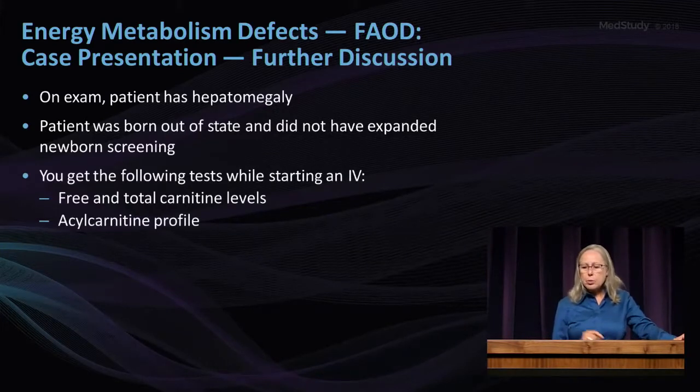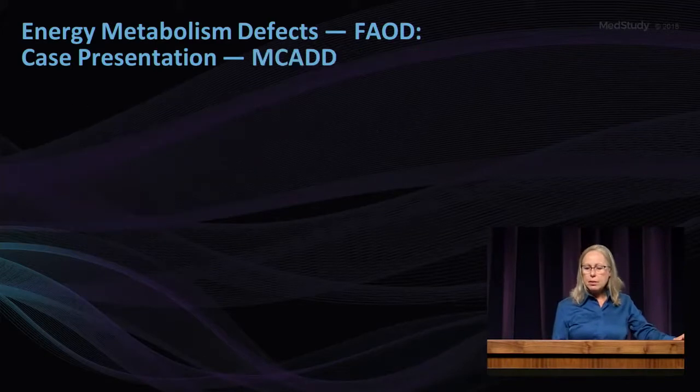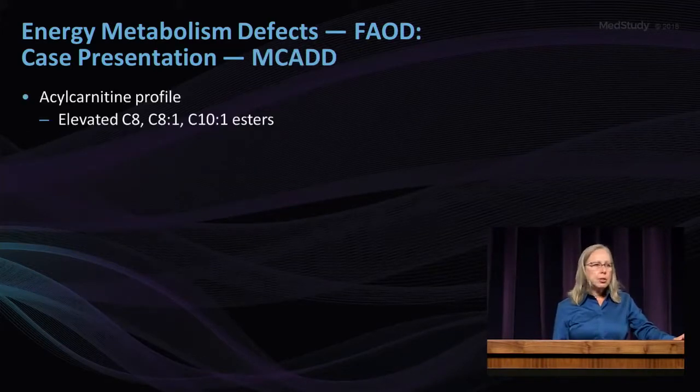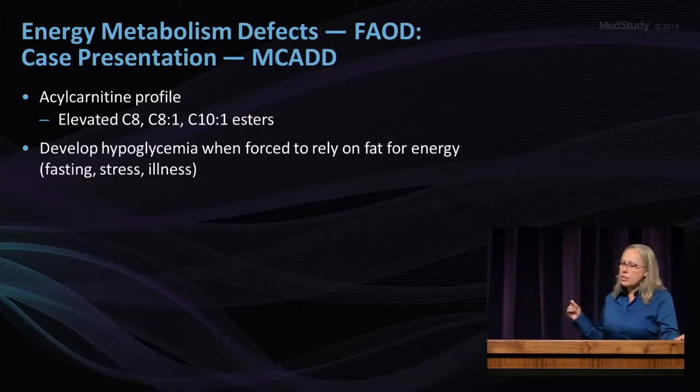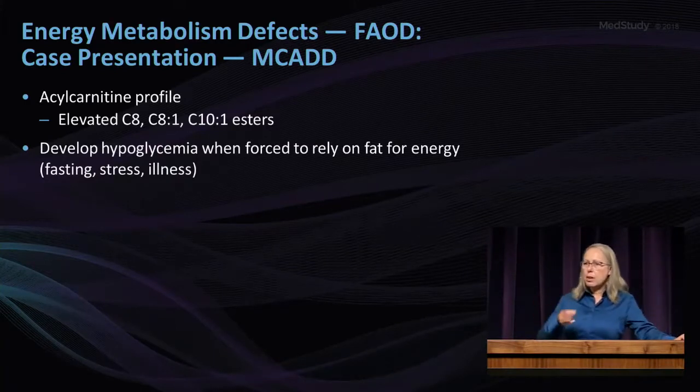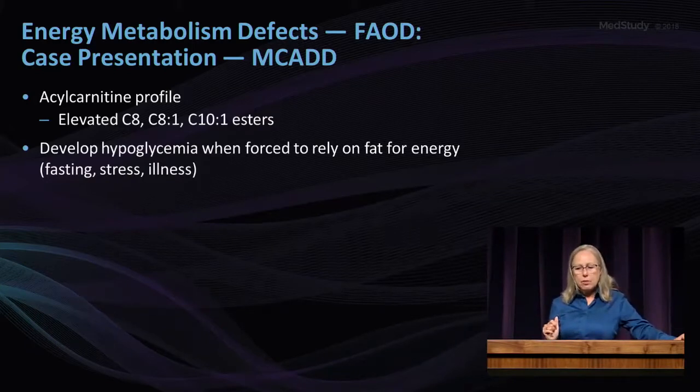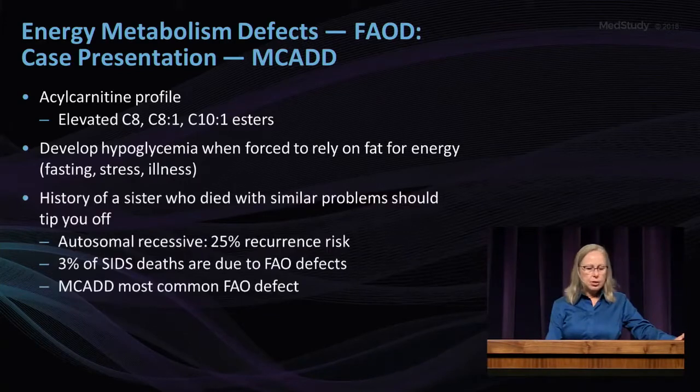You get the following test while you're starting your IV: a free and total carnitine and an acylcarnitine profile. About 2 weeks later, your acylcarnitine profile comes back with an elevated C8, C8-1, and C10-1. So this is MCAD. That was the pathognomonic pattern for that. These kids will develop hypoglycemia when they're forced to rely on fat for energy, fasting, stress, or illness.